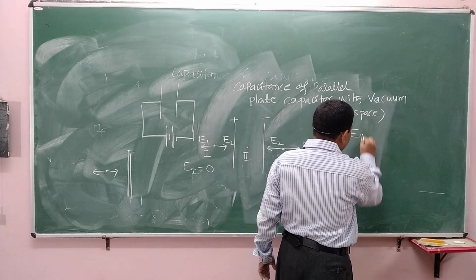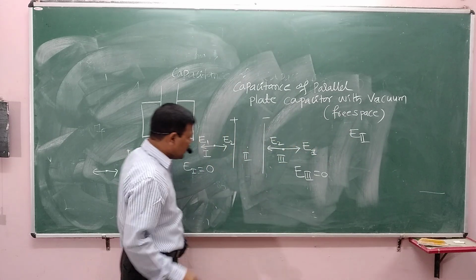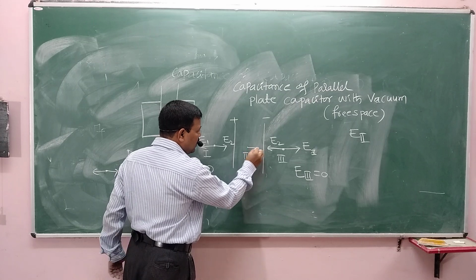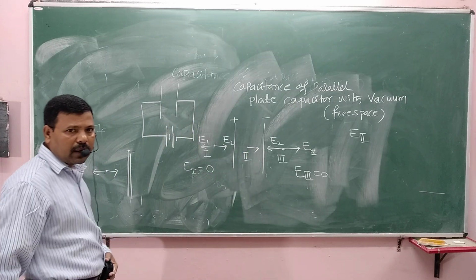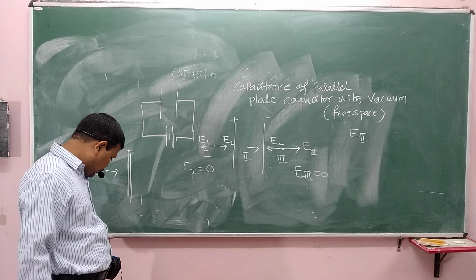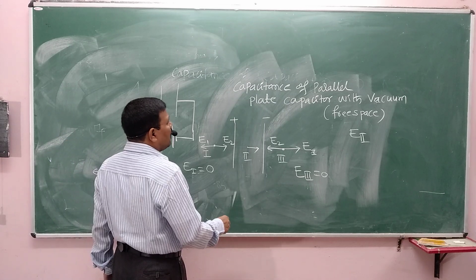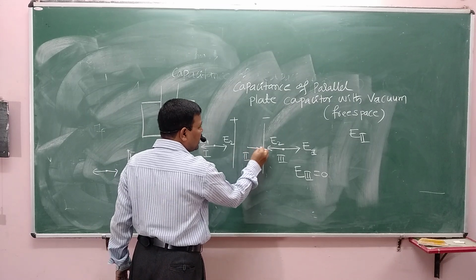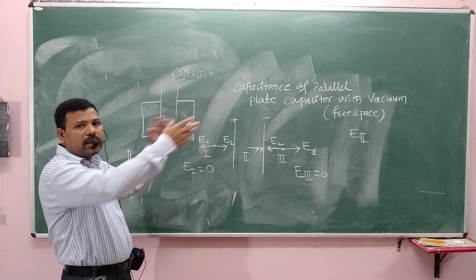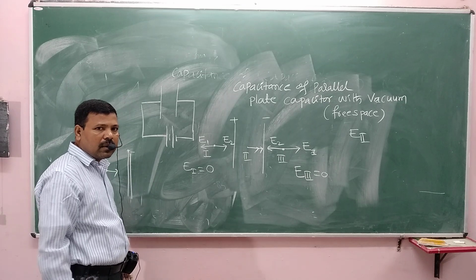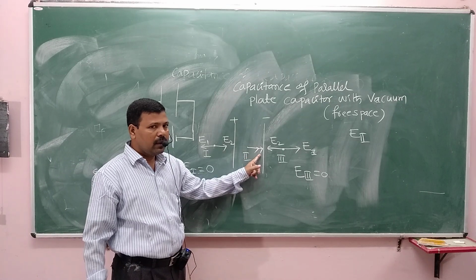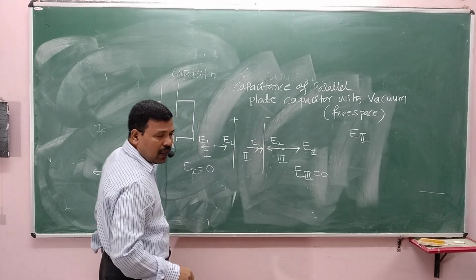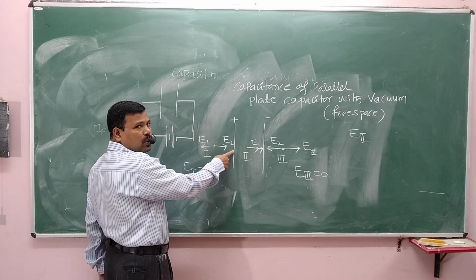Now let us calculate the electric field in the second region. It is very interesting. Due to the positively charged plate, radially outward. Due to the negatively charged plate, radially inward. Both are in the same direction. E1 is the electric field due to the positively charged plate.